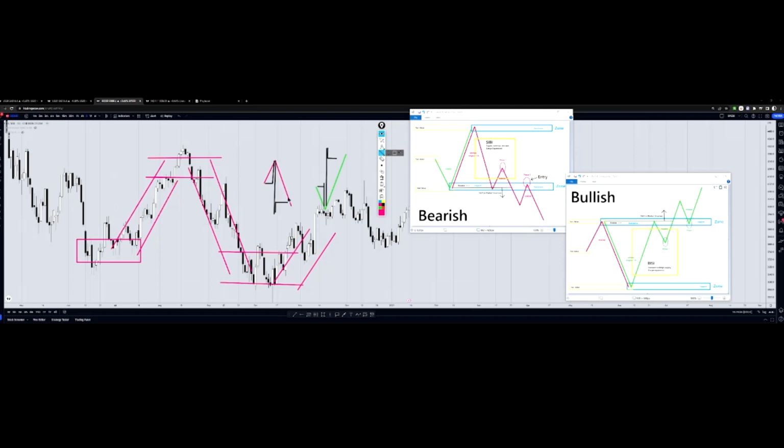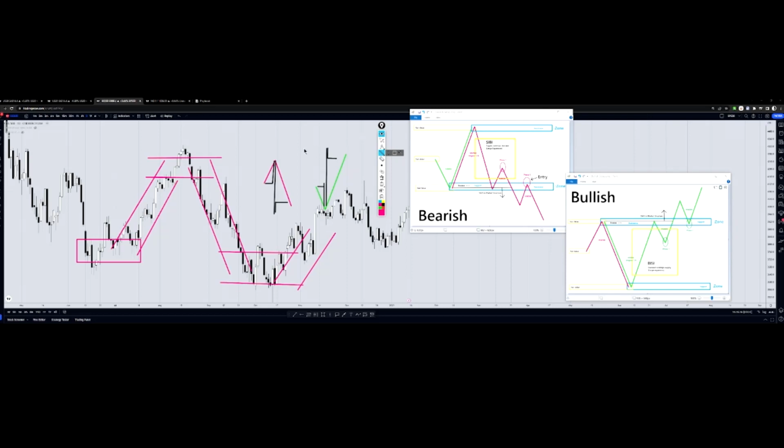You can have accumulation on an upwards move as well as a downwards move, and all we're talking about here is gathering up orders on both sides of the market until the manipulation occurs, and that would be on this. It's a market maker sell model, and the reverse of that is the market maker buy model.